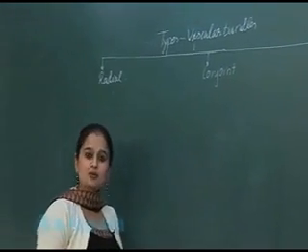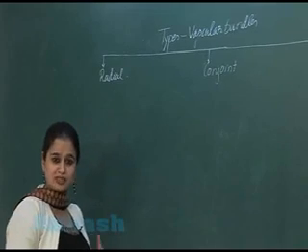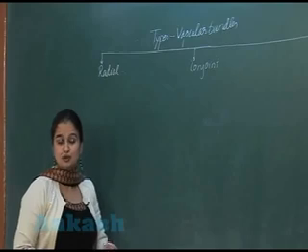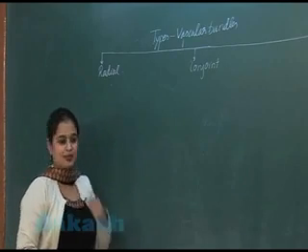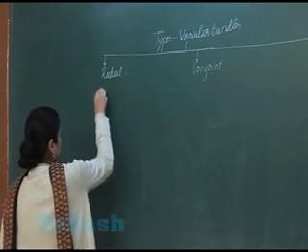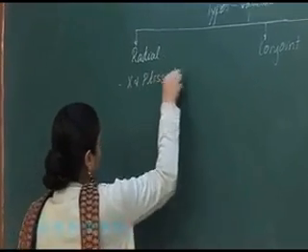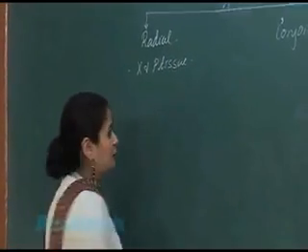In the radial vascular bundle, xylem and phloem tissue are present separately. Write X for xylem, P for phloem.